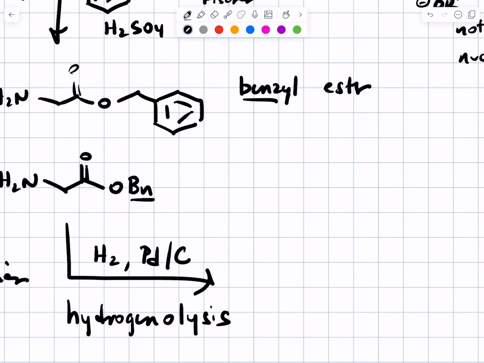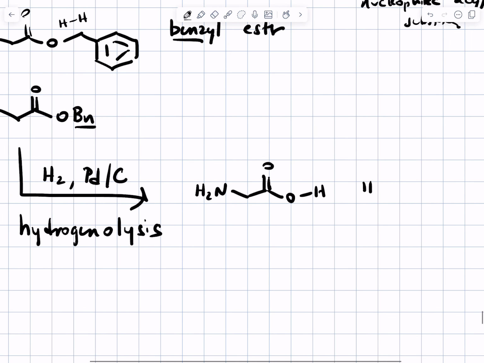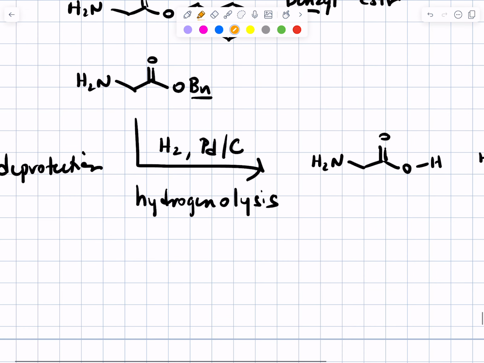in which we basically add hydrogen across this sigma bond between the oxygen and the carbon. We reduce that sigma bond. I'll show you what the products are so you can see where the reduction is. We make benzyl alcohol. We had 2 hydrogens from H2 and 1 pair of electrons.